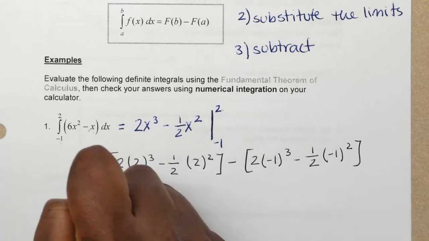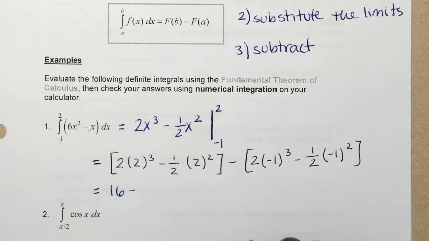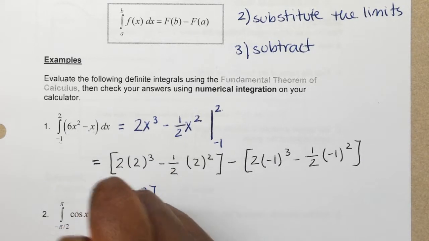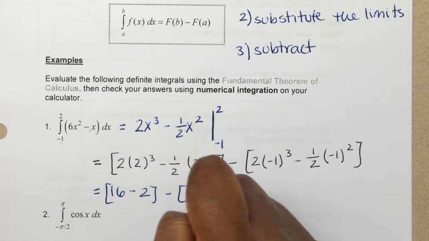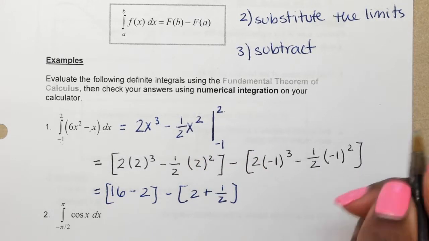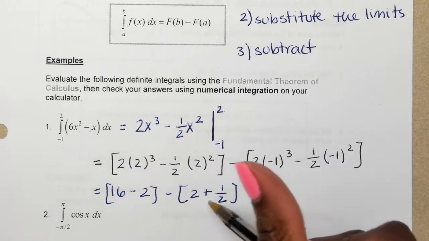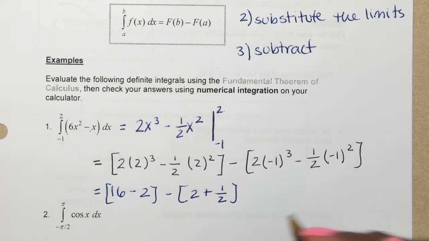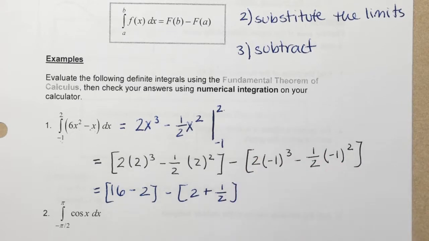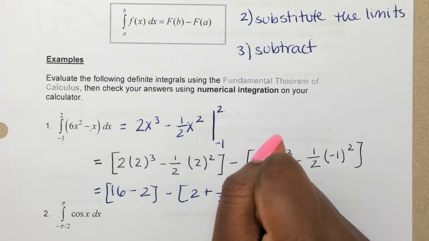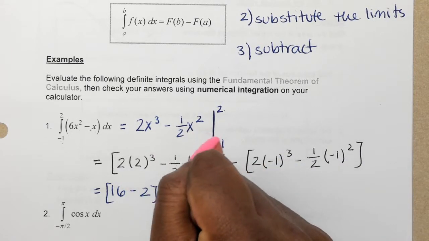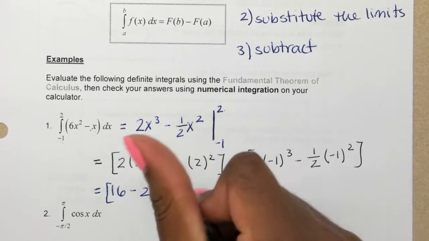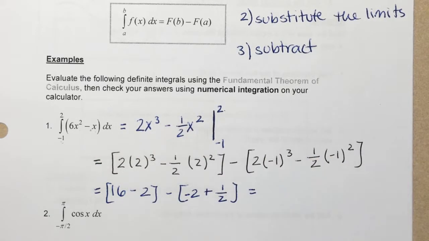So here we have 16 minus 2. And we're going to subtract 2 plus 1/2. 16 minus 2 is 14. 2 plus 1/2 is 2.5. Oops, sorry, this is -2.